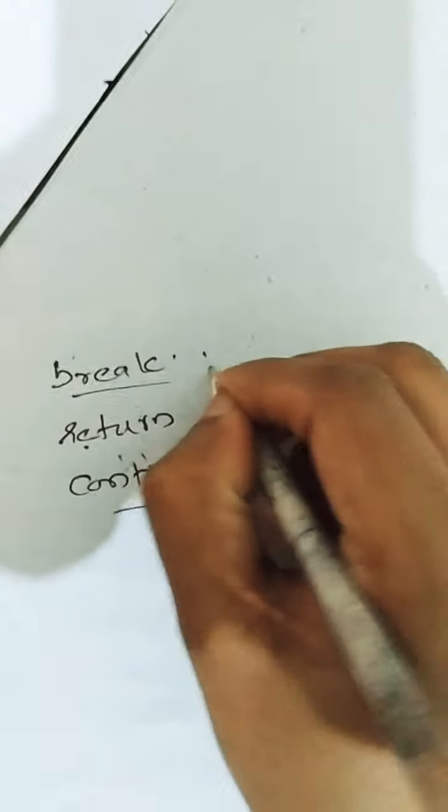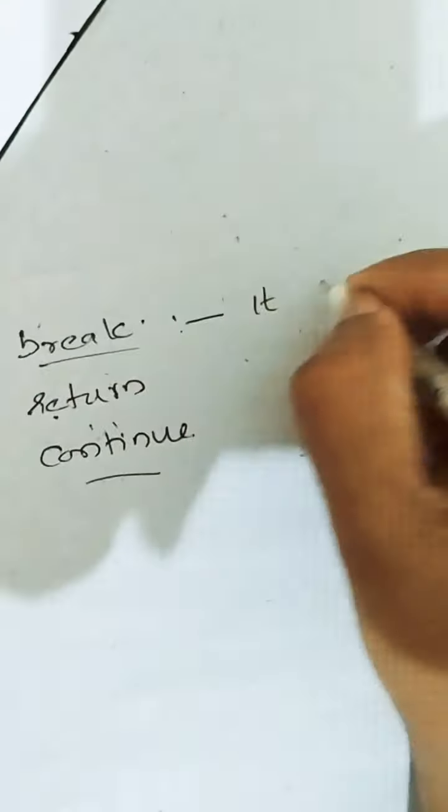Mainly you have learned break and continue, but you have already learned return also. So now we will write the use. Break will terminate the entire loop when it is encountered.